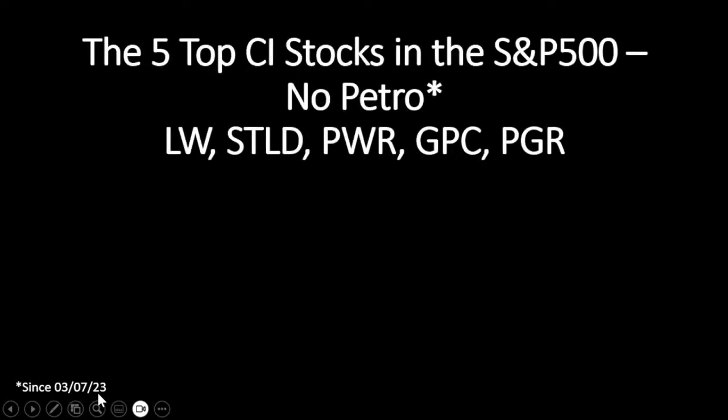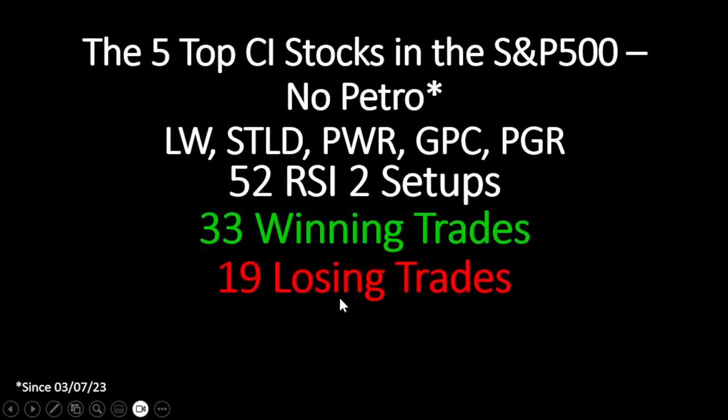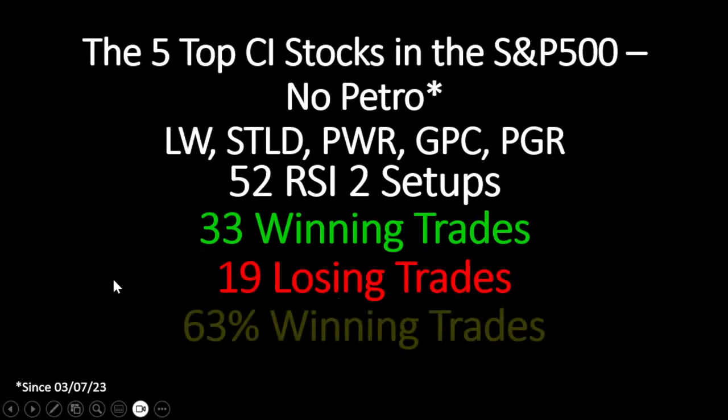Since March 7th of 2023, those same stocks had 52 additional RSI setups. It was something like 80 setups from March 7th of 22 to March 7th of 23, something like that, right? But from March 7th of 23 all the way to just a couple of days ago, same 5 stocks, 52 RSI2 setups, 33 winners, 19 losers.